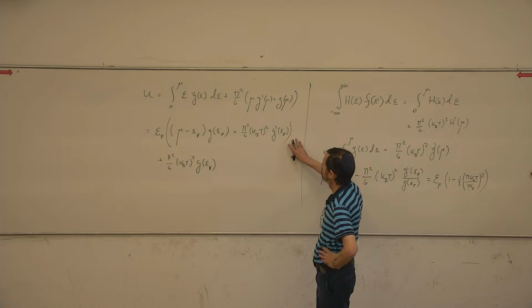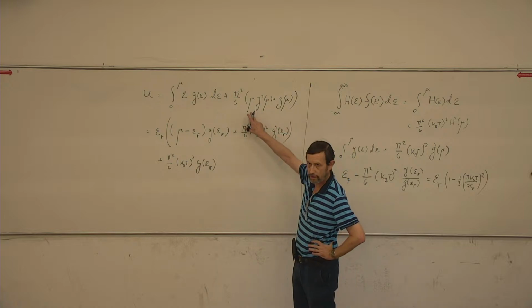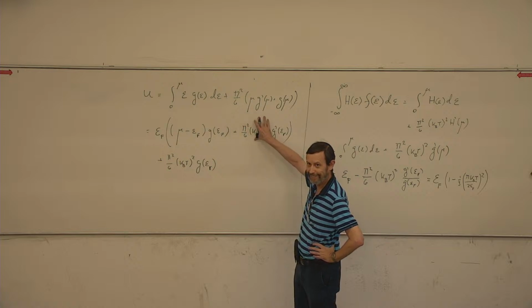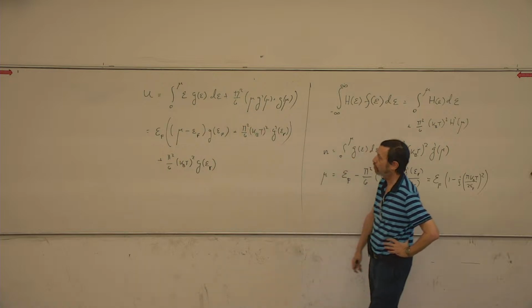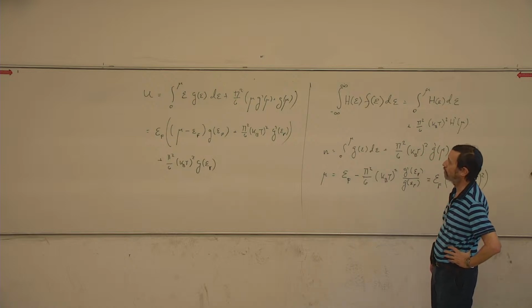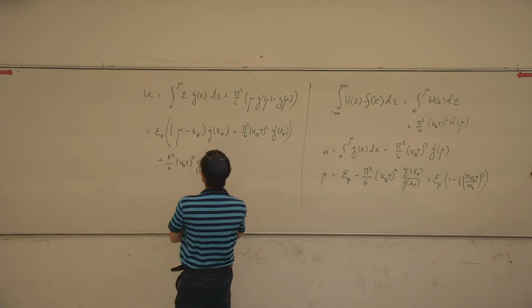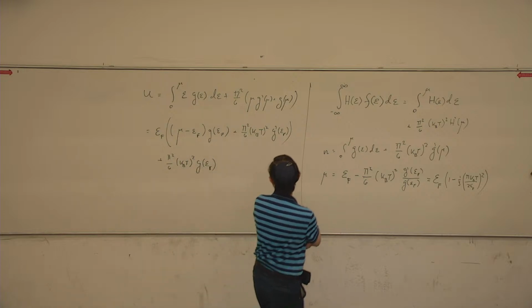What happened to the mu? This good? It's in here. That's what I want us to follow. Okay, so that's the final result. Let's see how we get it.